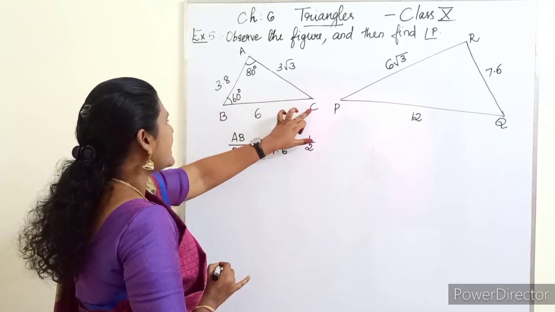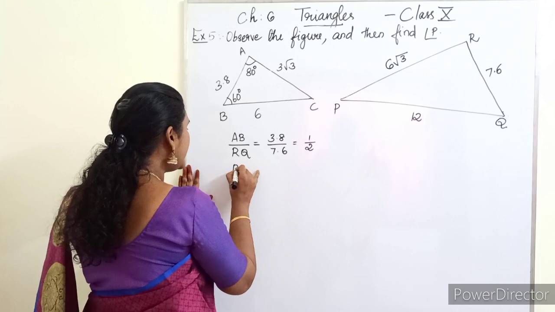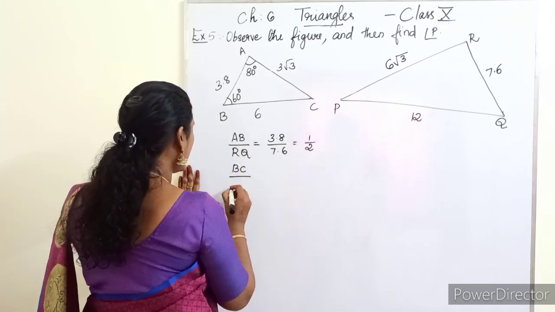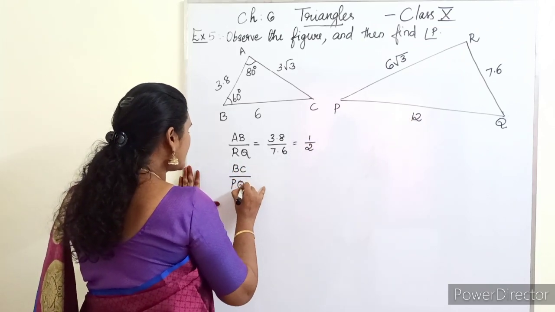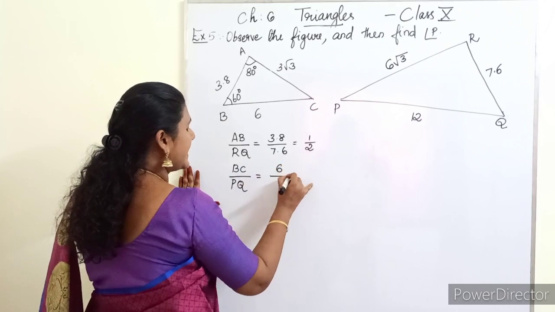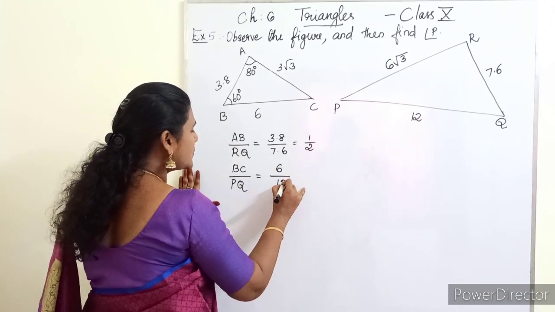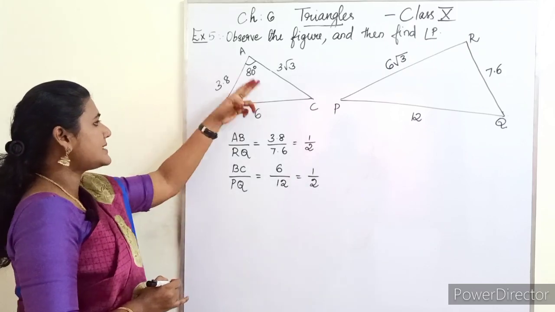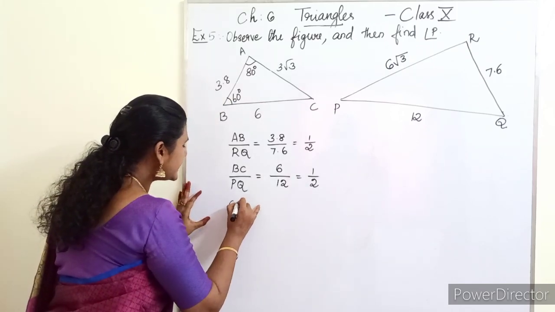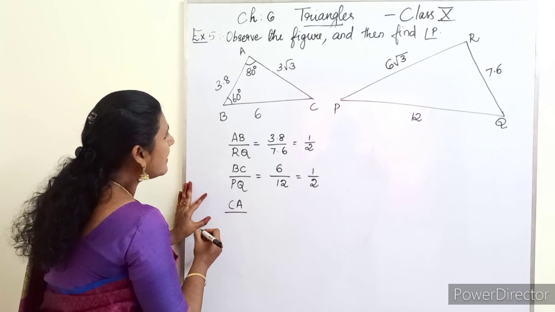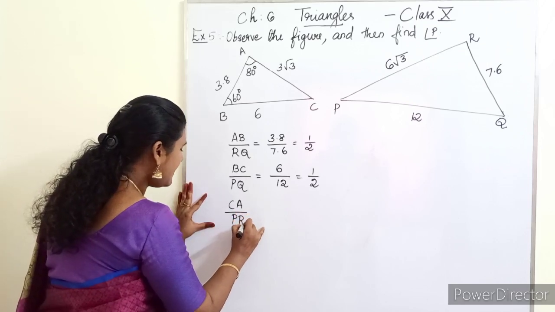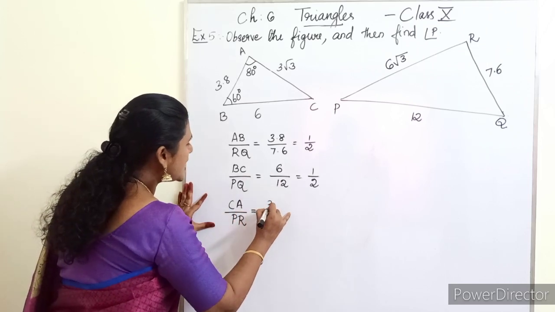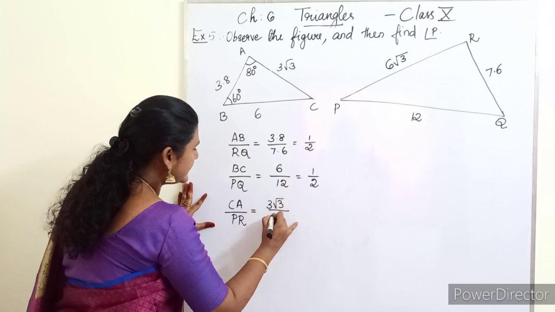Similarly, we will take the next two sides, BC by PQ. Here BC is 6 cm and PQ is 12. When you take the ratio, you will get 1 by 2. And similarly, the third side, CA by PR. CA is 3 root 3 and PR is 6 root 3.